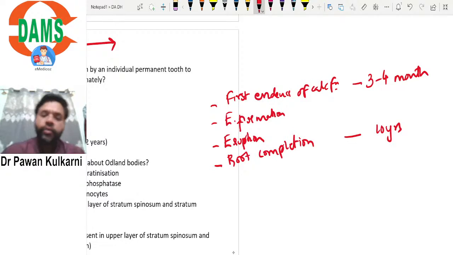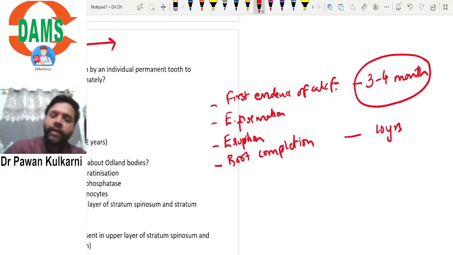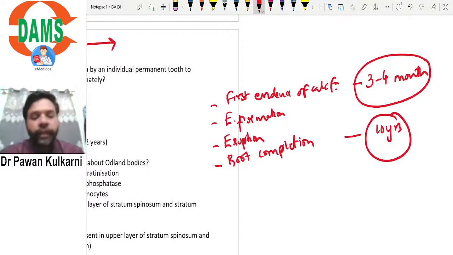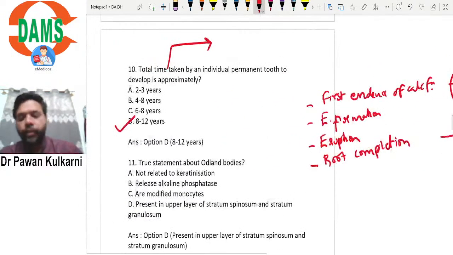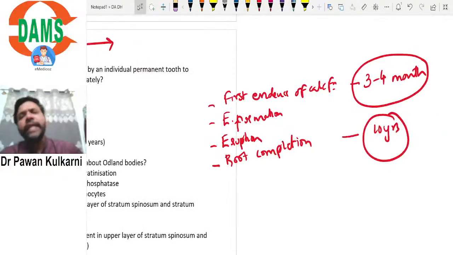So it takes a median of 10 years, with a range of 8 to 12 years, for the permanent tooth. This is just an example. You take any tooth, check the first evidence of calcification and root completion, and the average for a permanent tooth will be 10 years only.